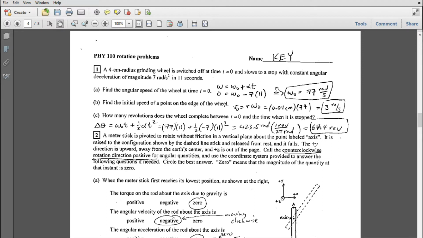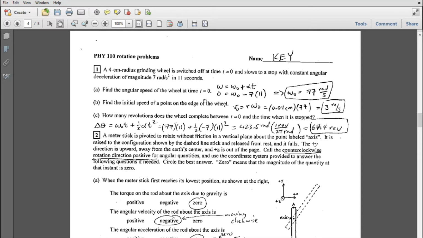That's shown right here. Omega final is 0, it's coming to rest, and it does that in 11 seconds. We're given alpha. If we're going to take the direction it's rotating to be positive, alpha should be a negative quantity because it's slowing down in the positive direction. And we can solve for the initial angular speed of the wheel in radians per second.